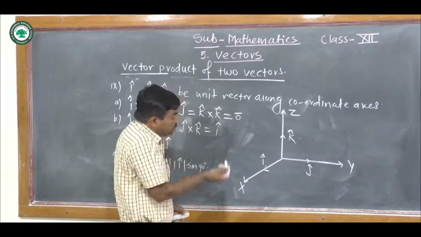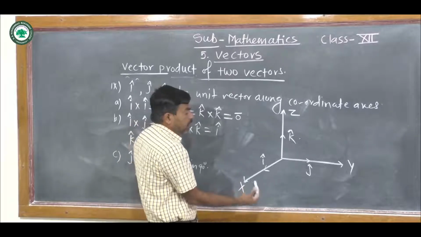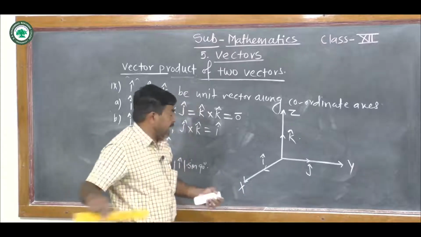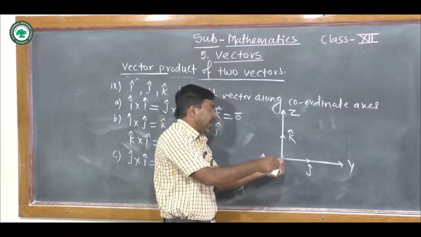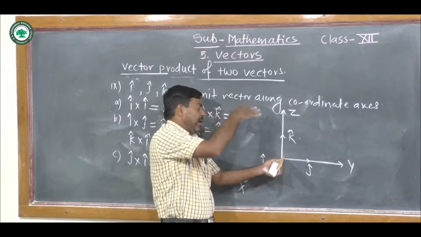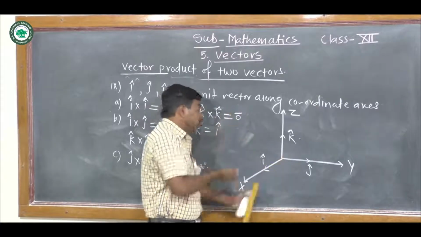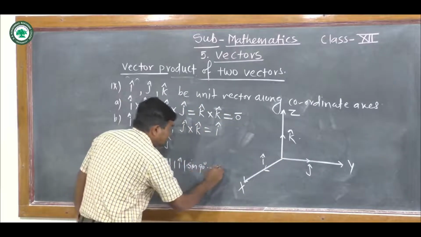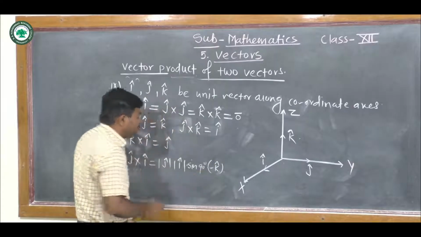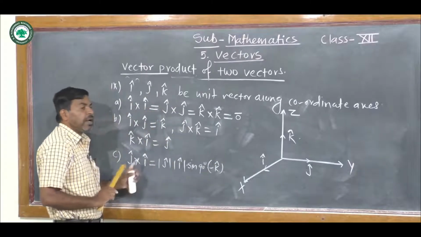Now if this vector is k cap, then from the opposite side the unit vector is minus k cap. So into minus k cap, because it is the unit vector perpendicular to j cap and i cap.